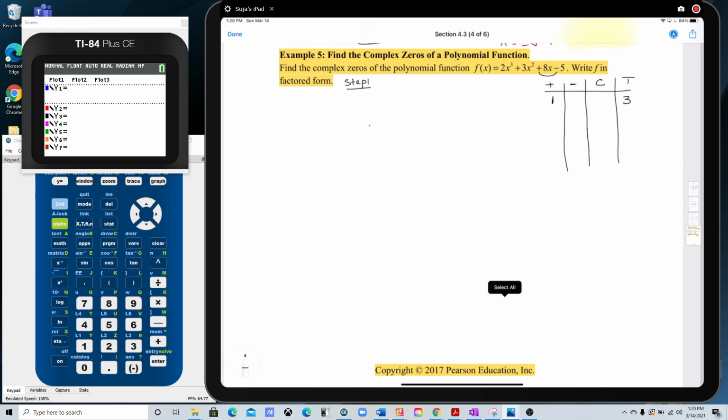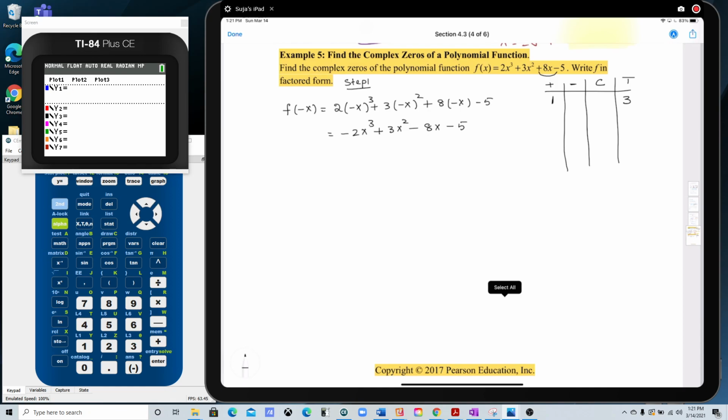The next thing I'm going to do is go f of negative x, which is 2 times negative x the whole cubed plus 3 times negative x the whole square plus 8 times negative x minus 5. That's making this a negative 2x cubed plus 3x squared and a minus 8x minus 5.